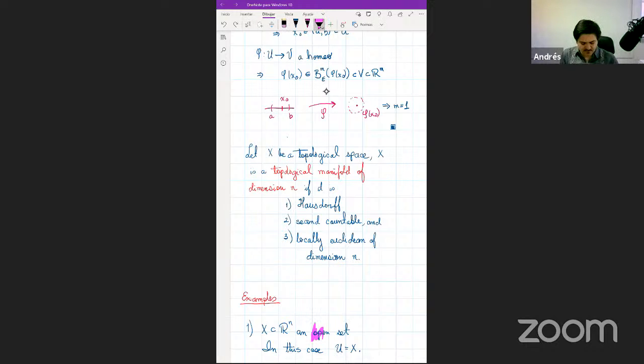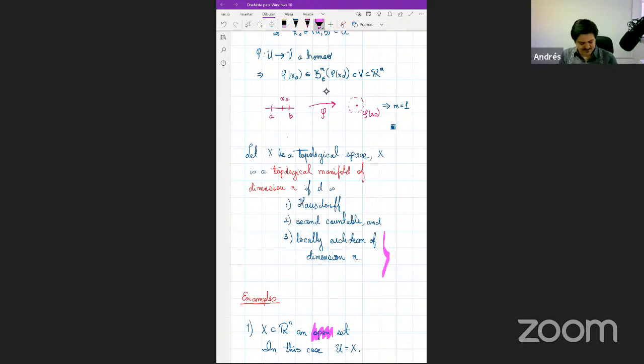If you take an open set, that's going to be a topological manifold of dimension n. On Euclidean space, the induced topology will always be Hausdorff and second countable.